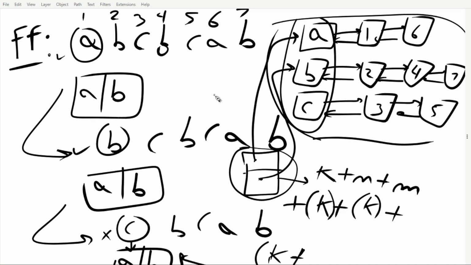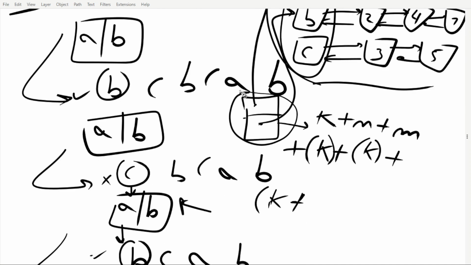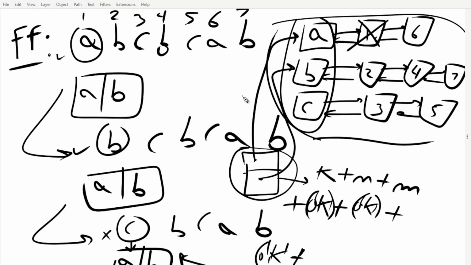So we remove this. This will take some more steps, and for simplicity we can write its complexity as big O of k, time proportional to k. So in the second step also we have to update so that we know the latest values.